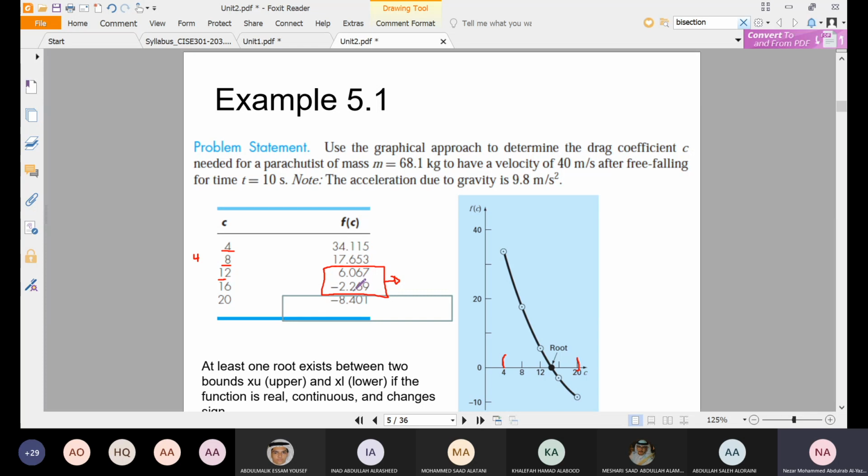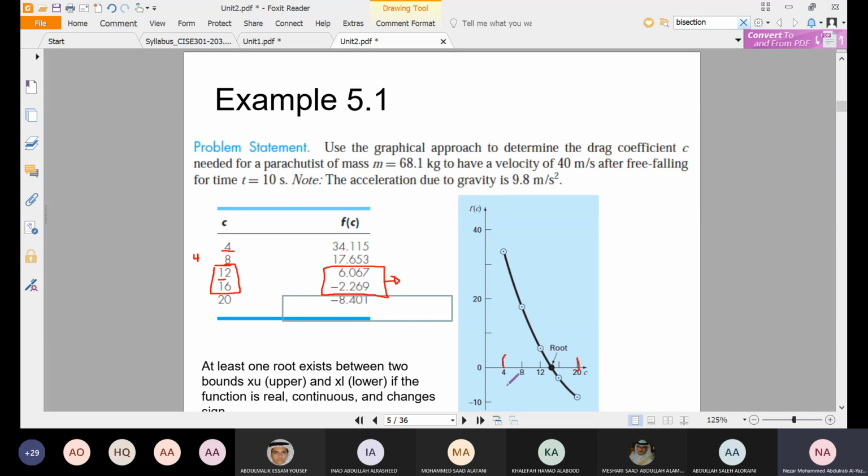So if I have a change in sign, I will have at least one root existing between these two points, the lower and upper bounds. This is guaranteed if the function is continuous and smooth, not a sub-interval function or discontinuous function. Okay, so now I determine that the root is between these.